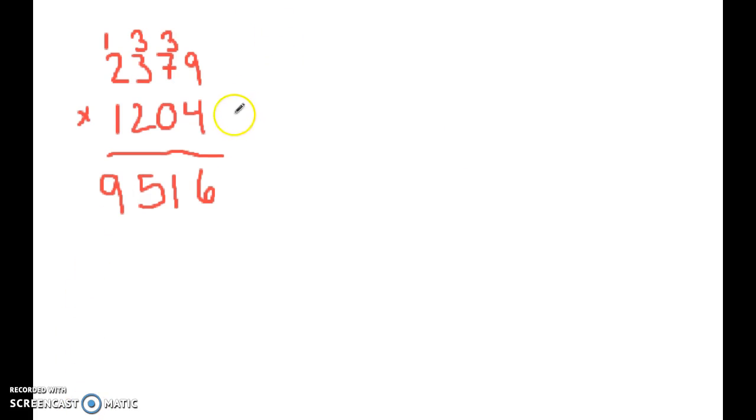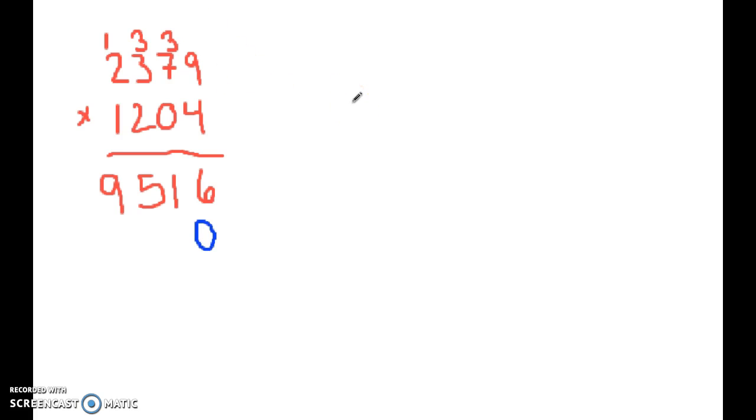So next we're going to move on to our tens place and multiply everything by this 0. So first, before we do that, we have to put down a placeholder 0 because we are multiplying everything in the tens place, and so therefore all of our numbers are going to be moved up more because we have a 0 appended at the end.